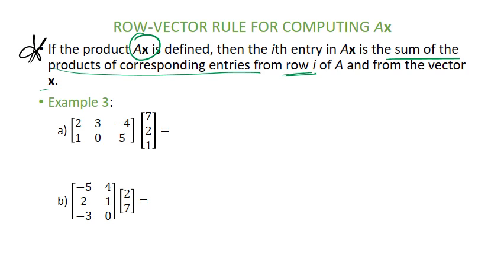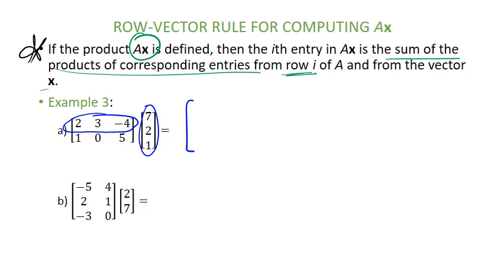So that's what we did. But a new method, this row vector rule, says that what we can do is basically take this row and multiply it by everything in this column. And this is kind of what you're taught in, say, a lower level algebra class.